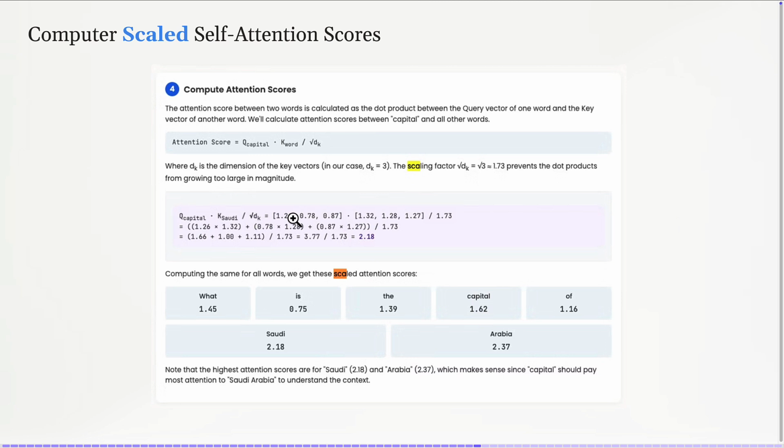This helps to prevent the dot product from growing too large in magnitude. This is the first step to control the exponential increase of the large dot product values. هذا يخفف المسألة لكن ما يحلهاش نهائيا.